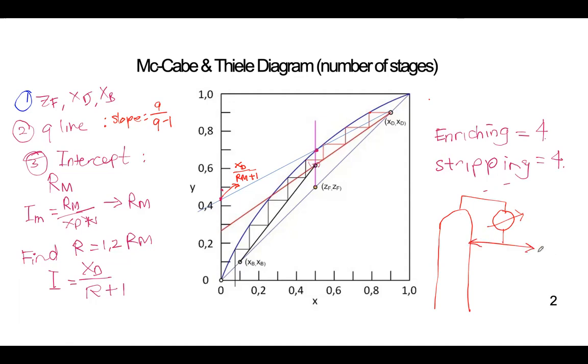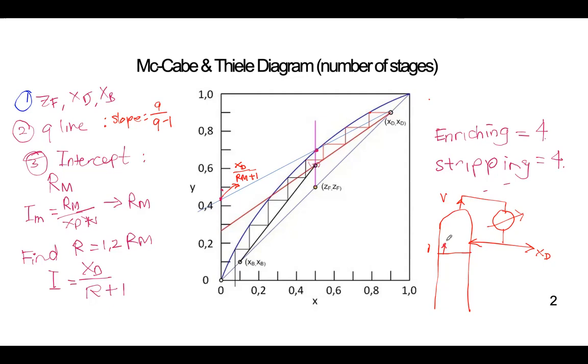This is the distillate, which is the XD, and this is your V, your vapor. This is your first stage. These points tell you the composition of the distillate. So this graph is connected to the column.